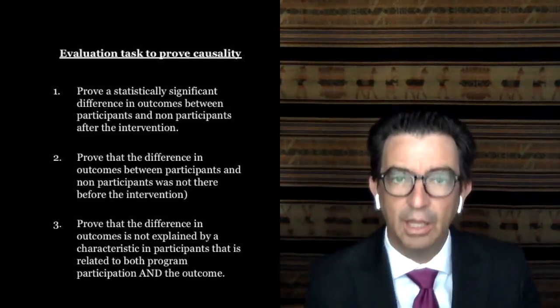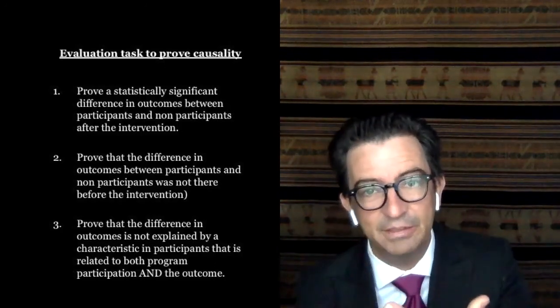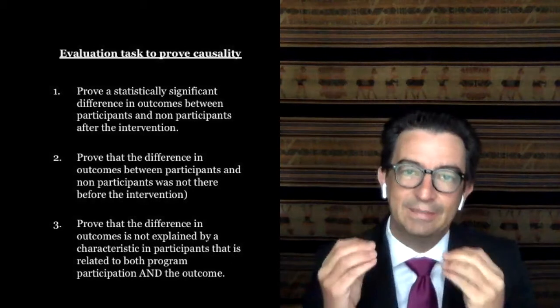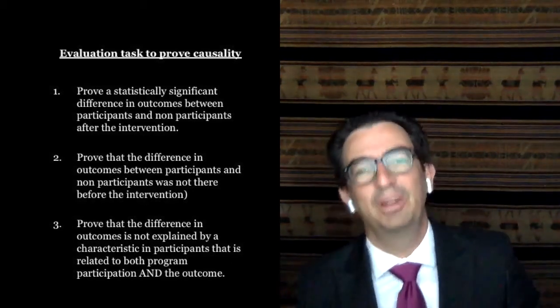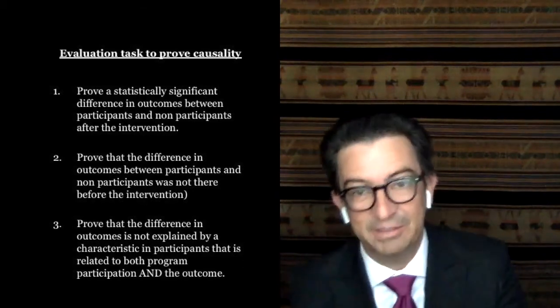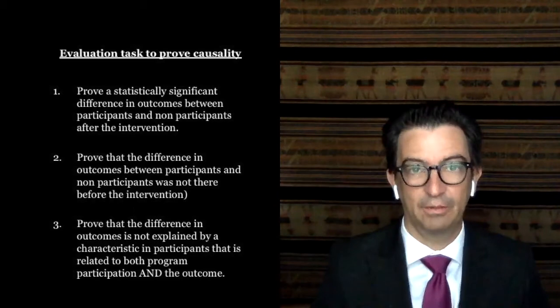And third, we need to prove that the difference between participants and non-participants is not explained by some characteristic of participants that is related to both the likelihood of program participation and the outcome, right? So in evaluation causal analyses, we need to prove these three things to say that the program caused some outcome.